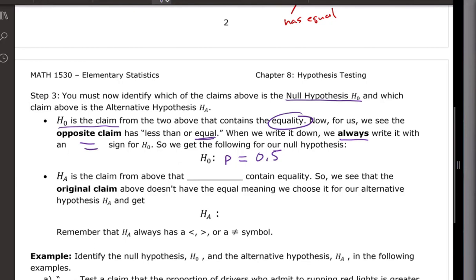Now the other one, the alternative hypothesis, HA, is going to be the claim from the two above that doesn't contain the equality. So it's the one that does not have the equal sign. We see from above that the original is going to be that one.